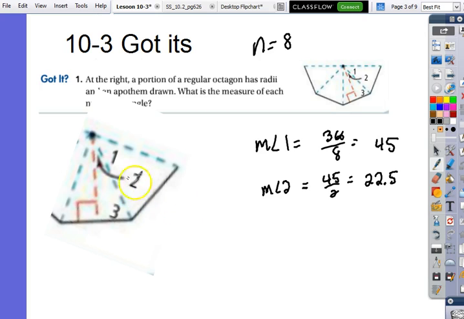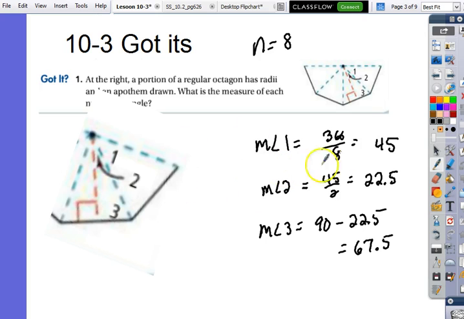And then 22.5 plus 90 plus 3 is equal to 180. You could just subtract 22.5 from 90 to get angle 3, because these two have to be complementary since they have to add up to be 90. So the measure of angle 3 is equal to 90 minus 22.5, which would be 67.5.